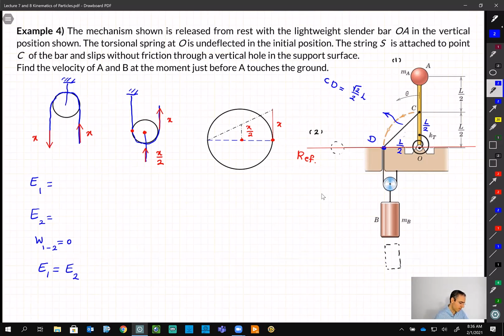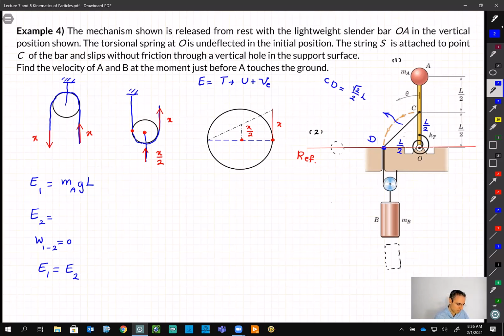Always remember in the back of your mind, E has this formula: kinetic energy, potential energy, and elastic energy. When I'm at position 1, nothing is moving because the question told us that we release everything from rest. So no T. Potential energy, yes, A has potential energy. It is MAGL, and since it is above the reference line, it is positive.